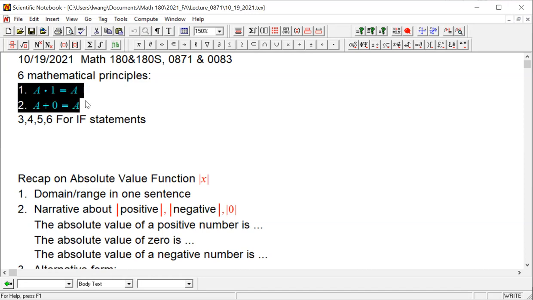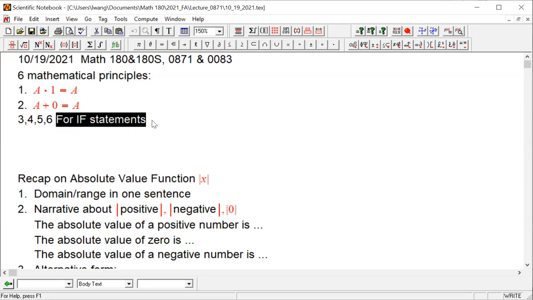And the first two principles can be used for any statement, whether it's a statement or an if statement. You guys follow me? Because they are just truth. You can use them in the situation of an if statement. You can also use them in the situation of just a general statement. But 3, 4, 5, 6 specifically are for if statements.